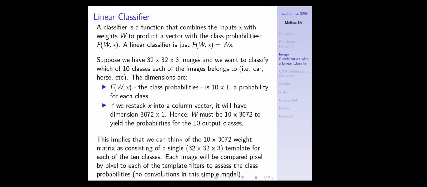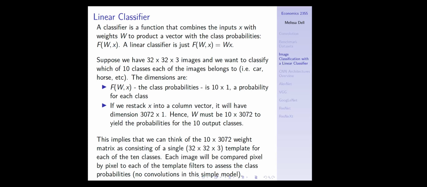And if we just restack the input x, 32 times 32 times 3 is 3072. And so hence, in order for the matrix multiplication to work out, so that W times x equals f(W, x), W must be 10 by 3072.